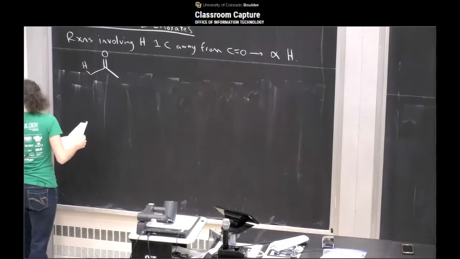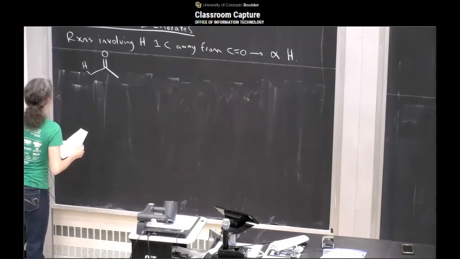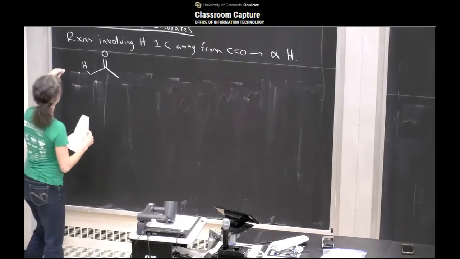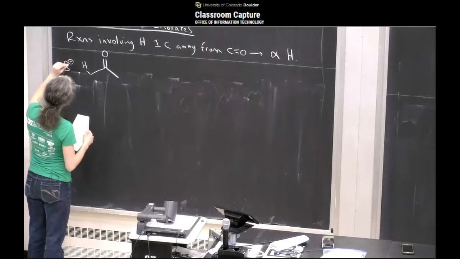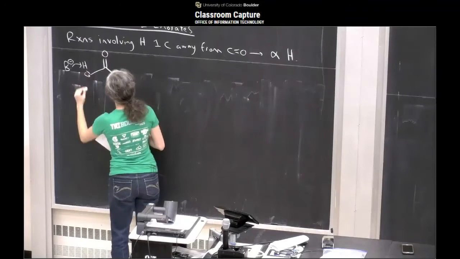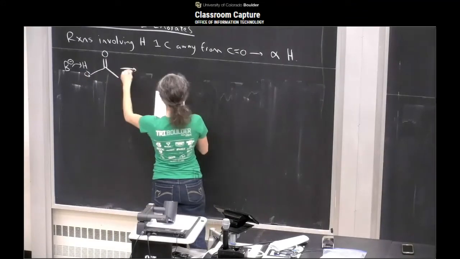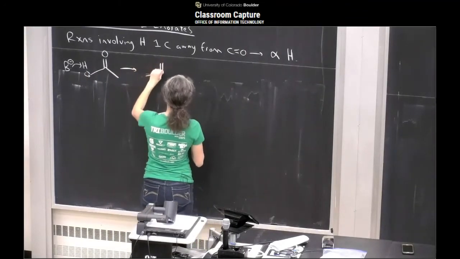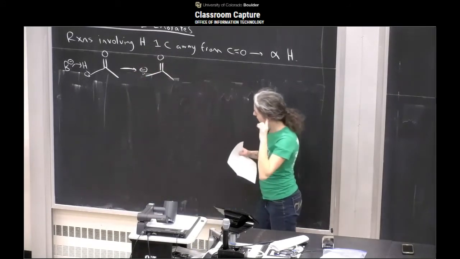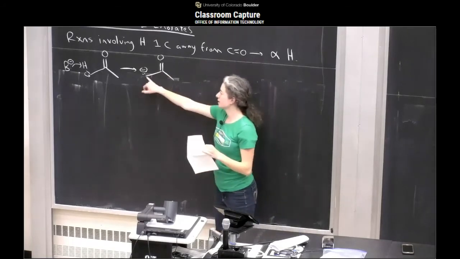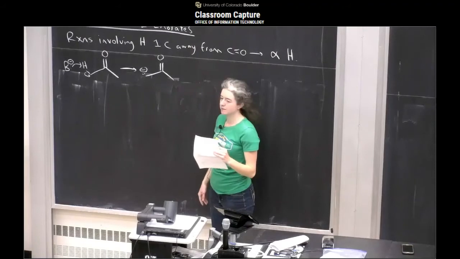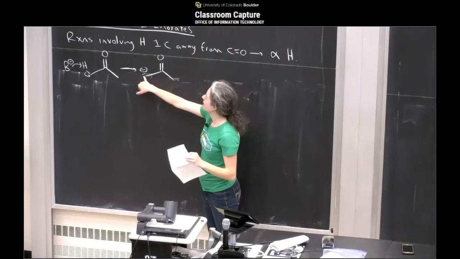Turns out you can actually pull these off easier than you would expect for a carbon with an H on it, because if you have a base come in and pull that proton off, you can show that charge going onto the carbon. You can draw it like this form, which still doesn't look great for stability because a negative charge on carbon has a pretty high pKa a lot of the time.